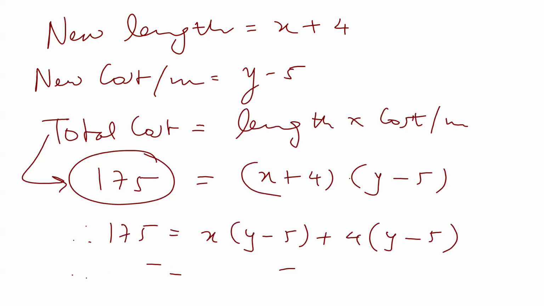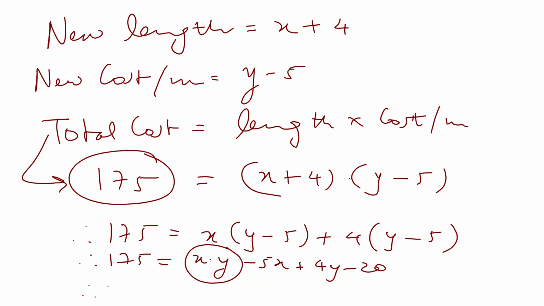Now we know the value of xy from the previous part. What is xy? xy is 175. Minus 5x plus 4y minus 20. So 175 and 175 will get cancelled.